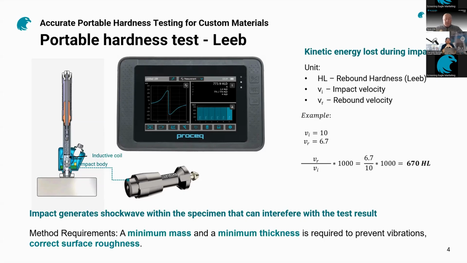That needs to be taken into account whenever you're deciding whether to do a Leeb test or some other test method. Also, in the case of all hardness tests, we need to make sure that we have the correct surface roughness prior to the test, because hardness being a surface-based test, surface roughness is an important factor.